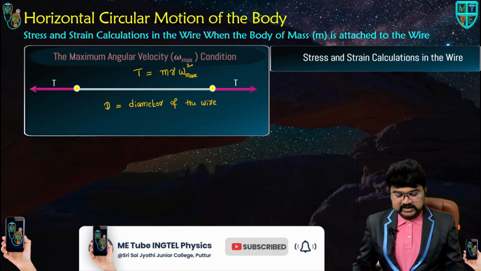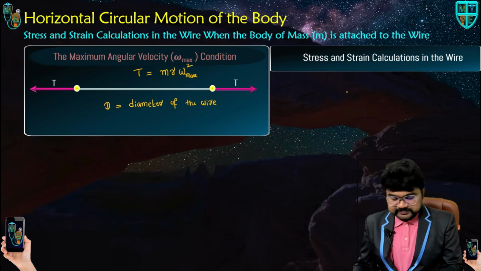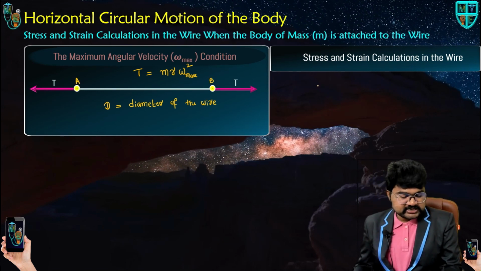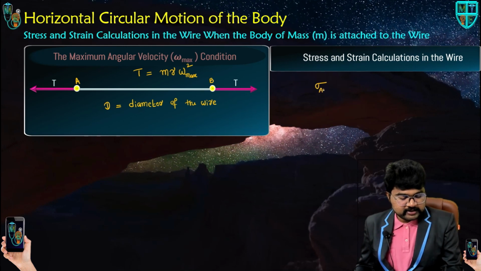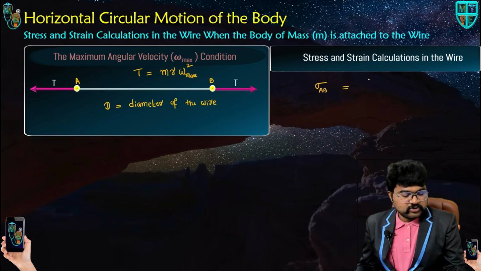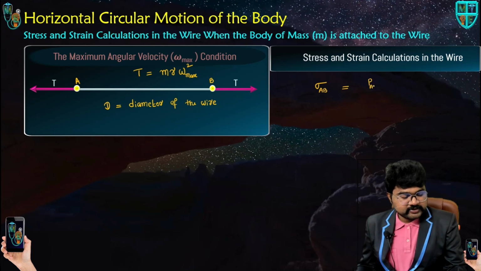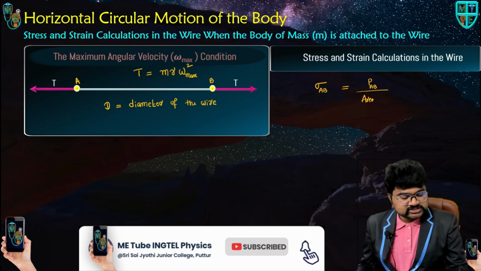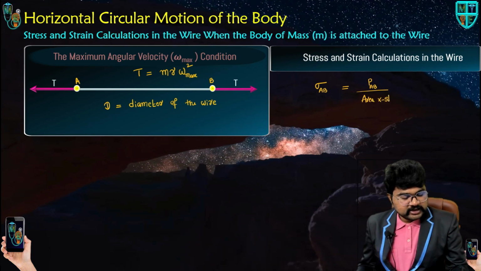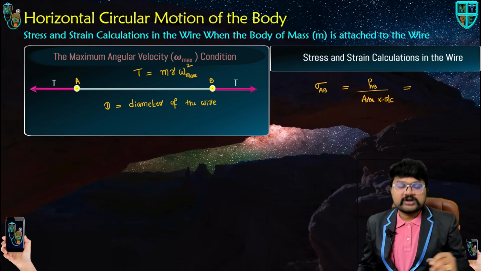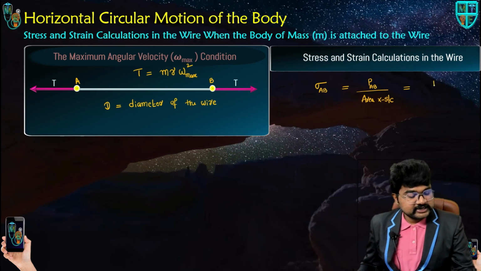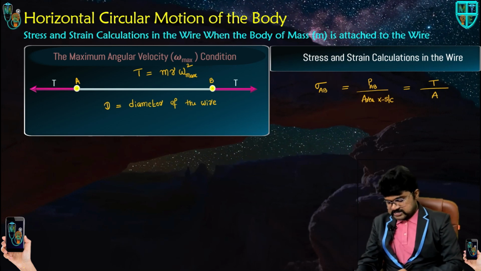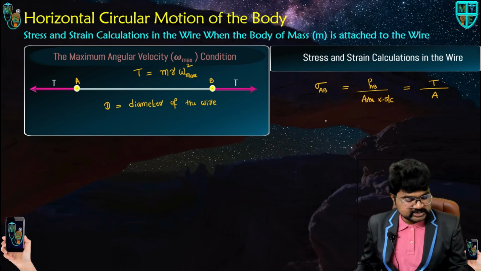This would be A, this would be B. Stress sigma AB equal to load acting on the wire by area of cross section. What is the load acting on the wire? Tension in the string by area of cross section.